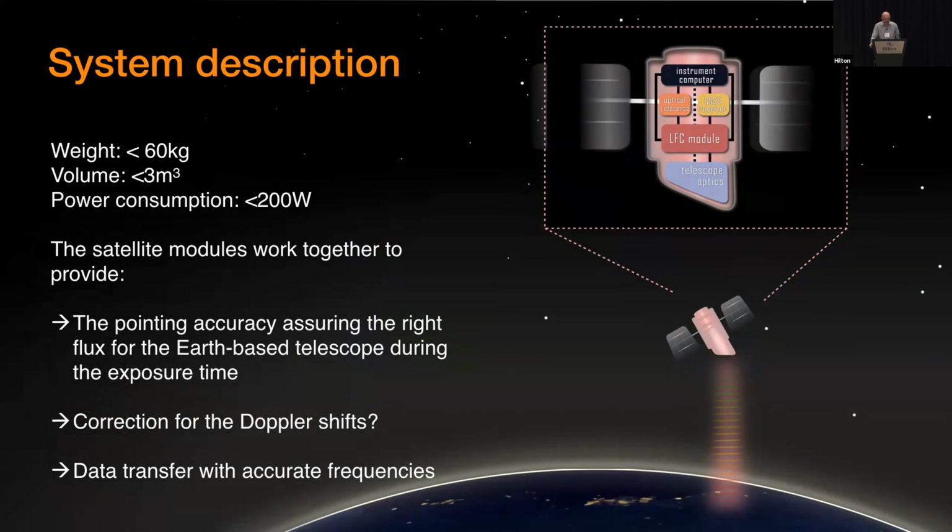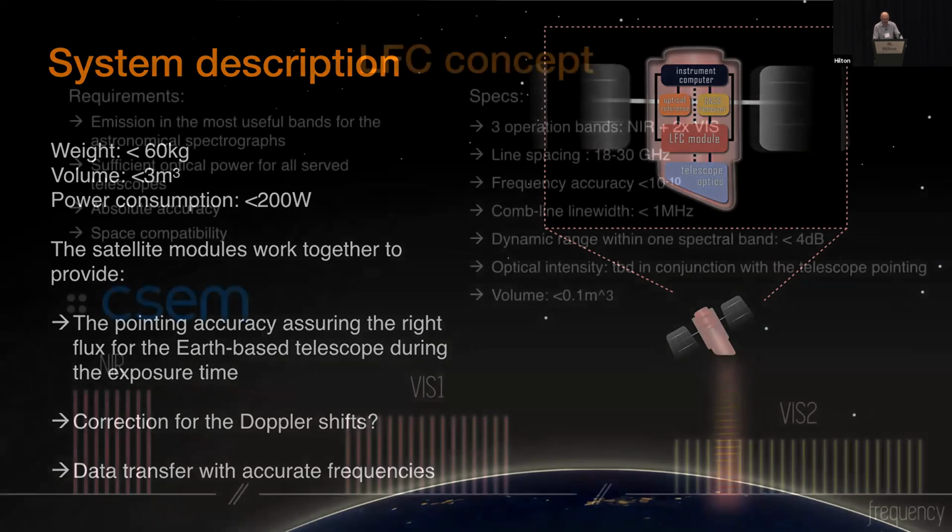It should maybe have a correction for its velocity, such that it could correct the laser frequency comb lines and provide a constant reference already. But this can also be corrected a posteriori if you know the speed and the position of the satellite. And of course, data transfer and so on.